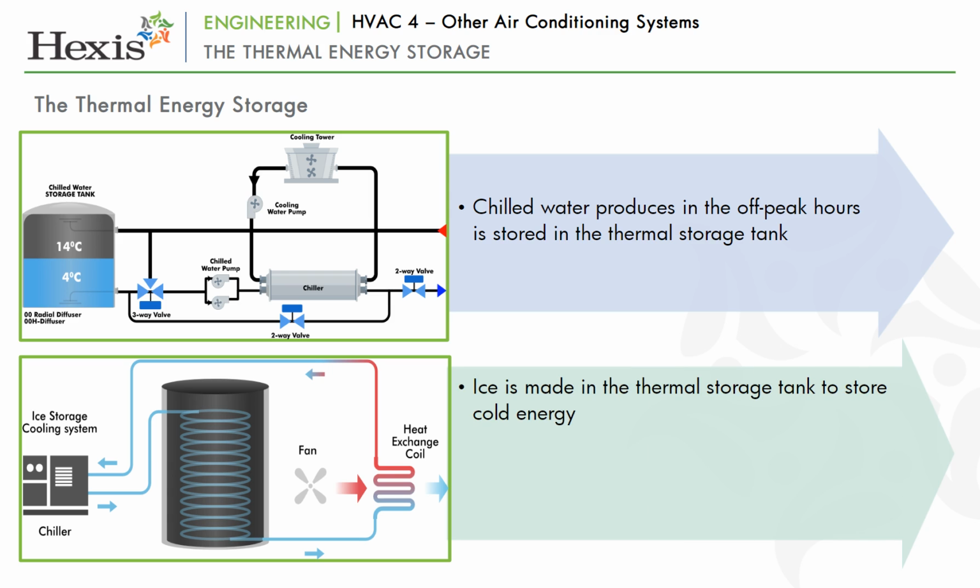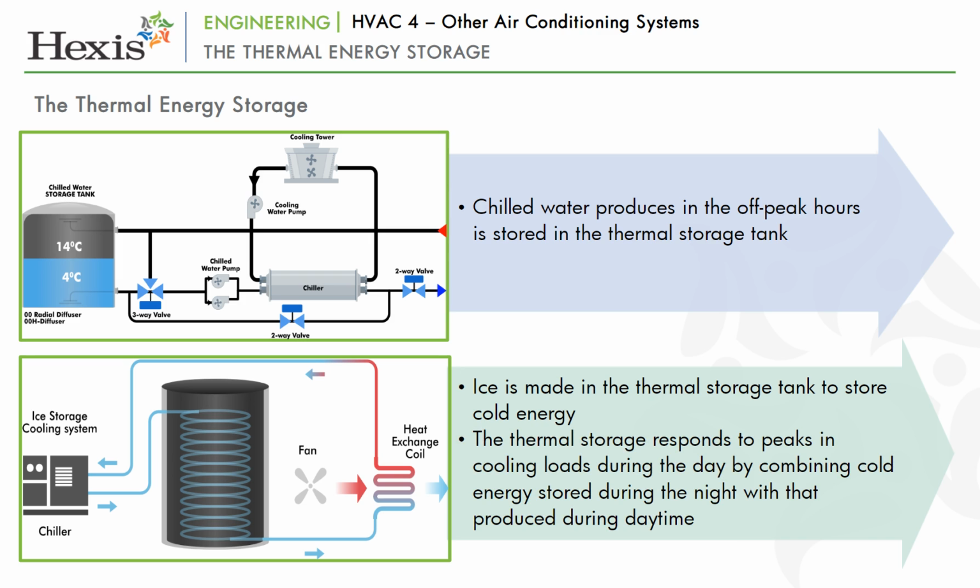The tank size can be kept smaller than with water thermal storage tanks. The thermal storage responds to peaks in cooling loads during the day by combining cold energy stored during the night with that produced during daytime. Consequently, the size of the installation capacity can be kept to almost half that of systems that do not utilize thermal storage.